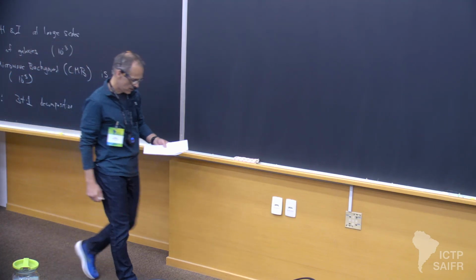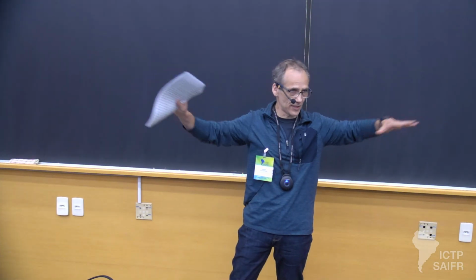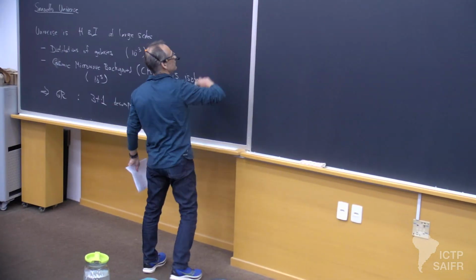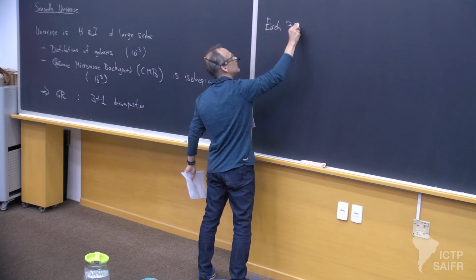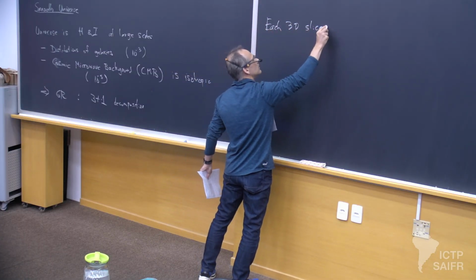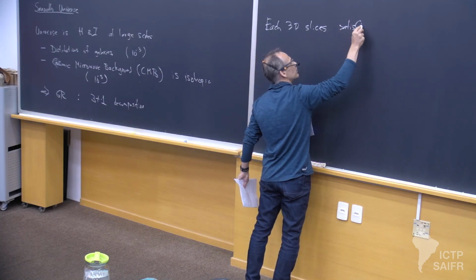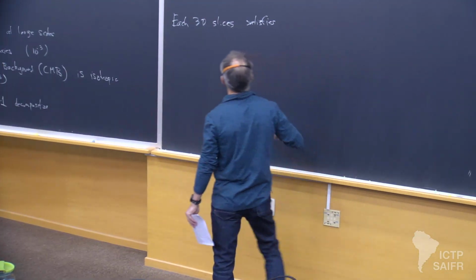And what we are going to do is slice space-time into these spatial slices, and each of these 3D slices satisfies the symmetries implied by this homogeneity and isotropy, okay?